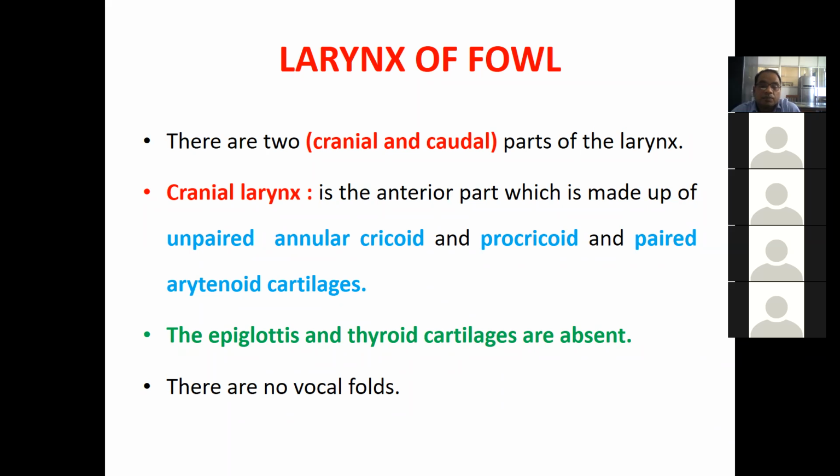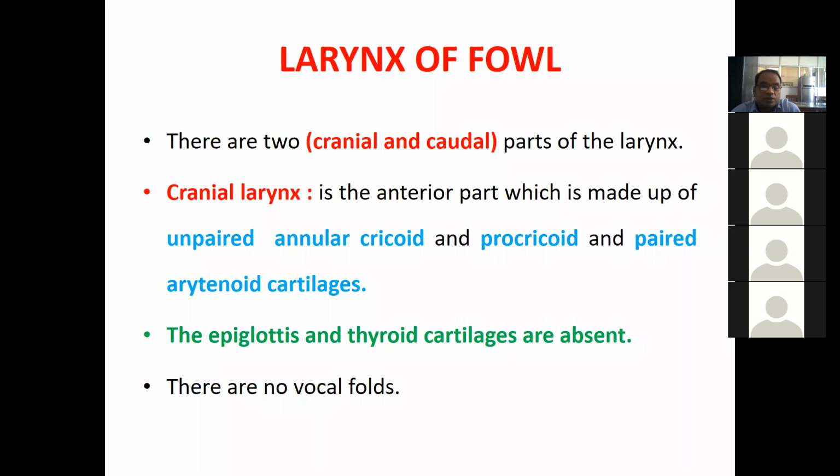The cranial larynx is made up of several types of cartilages, mainly three: the annular cartilage, the procricoid, and the paired arytenoid cartilage. So in the cranial larynx of the fowl, there is an unpaired annular cricoid, and the procricoid is an unpaired cartilage, whereas the arytenoid cartilage is paired. The remaining two cartilages, the epiglottis and the thyroid cartilage, are absent in the fowl.